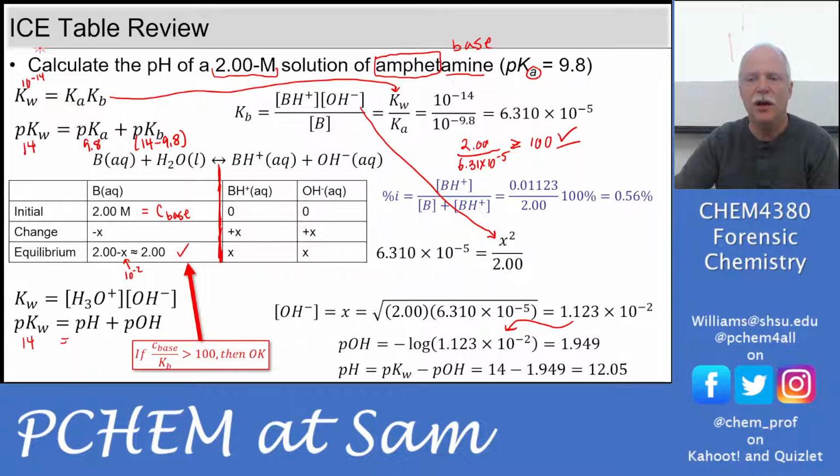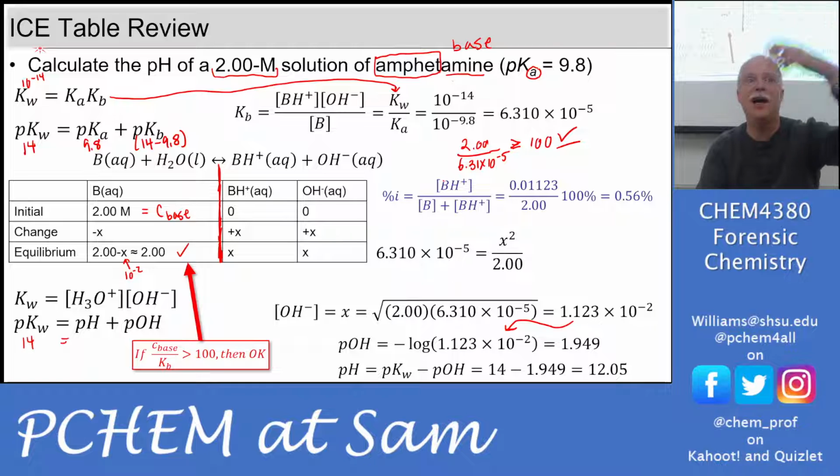Oh, and then percent ionization, that's a new calculation I'd like you to know. So if you look at this, we have the BH plus, and let's say that's what we wanted to detect, or we wanted to use that to drive it into, say, the aqueous phase from an organic phase, because the aqueous phase is going to like ions more than the organic phase.